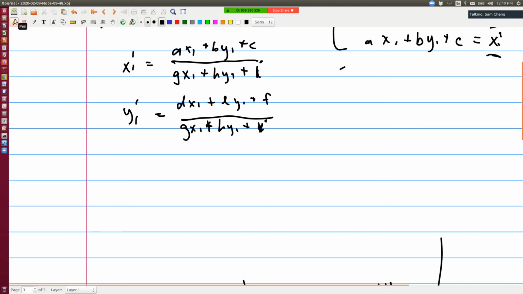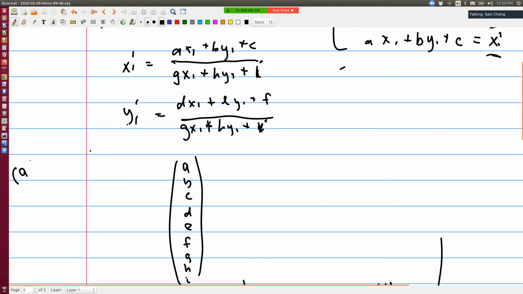Erase that. It's okay. I have variables A, B, C, D, E, F, G, H, I, right? Now I have the first equation, something like, let's see. Sorry, A should be x1 times A right here.